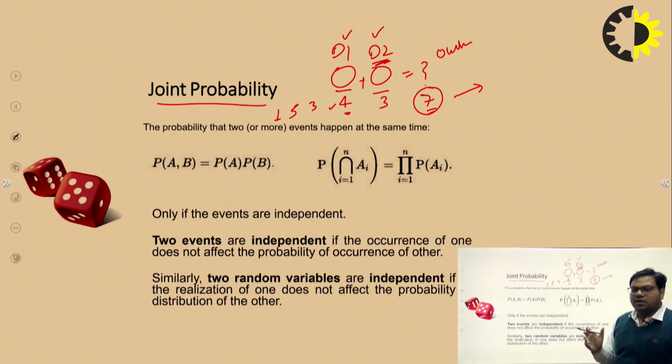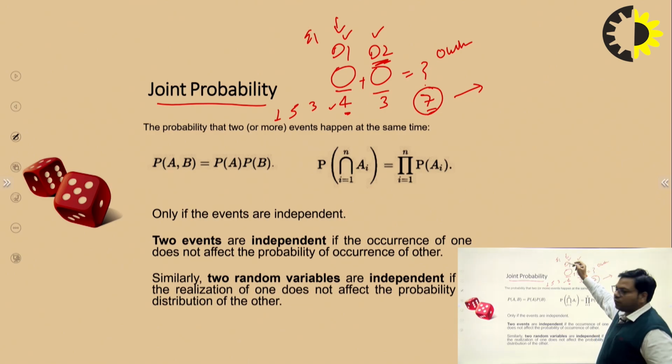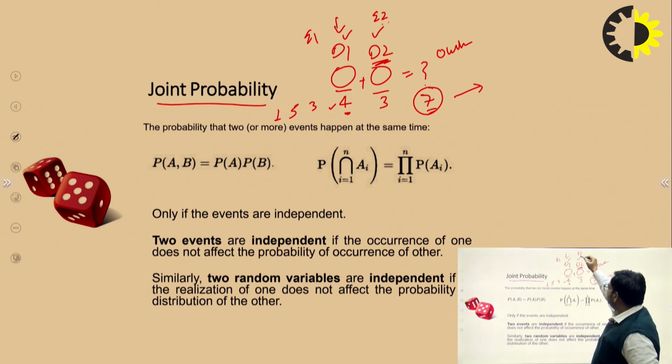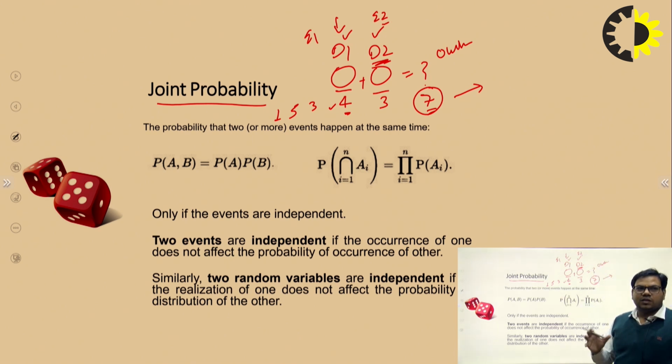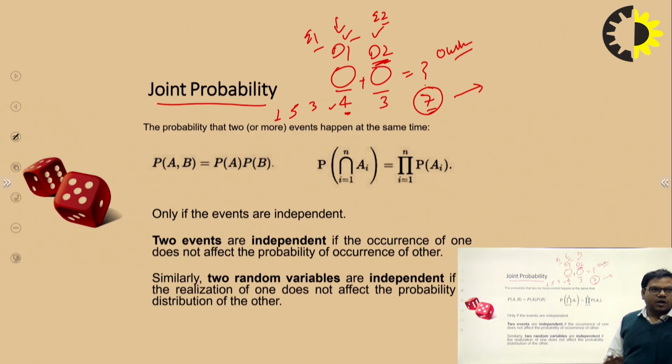If I see event 1 on dice 1, and event 2 on dice 2, there is no dependency of event 2 on event 1 or event 1 on event 2. Both events can happen individually, and the results of these events can be combined to form the final outcome. So this kind of scenario is called joint probability.